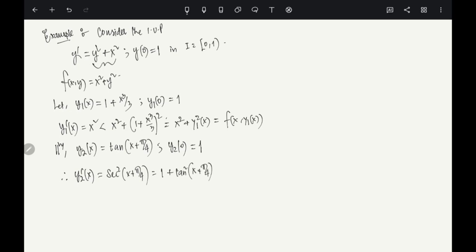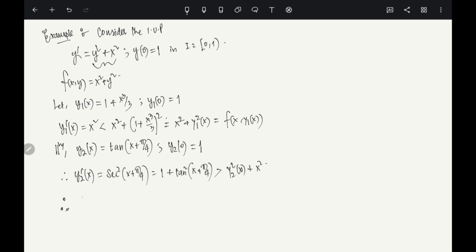Now this is dominated by, see, tan square of (x plus pi by 4) is y2 square, so this is y2 square of x plus x square. x is always between 0 and 1, so 1 dominates x square. I can write it like this.